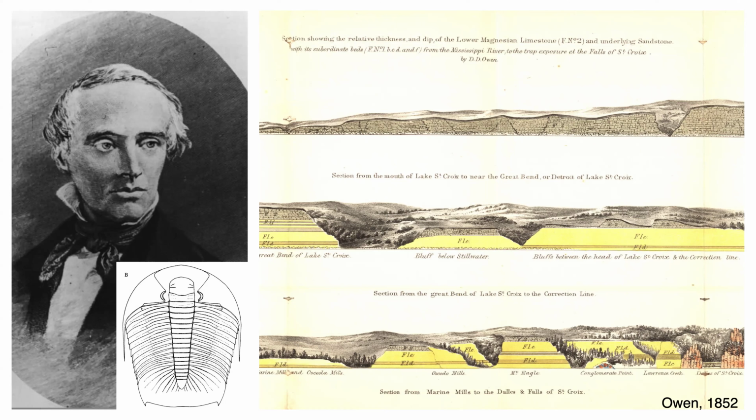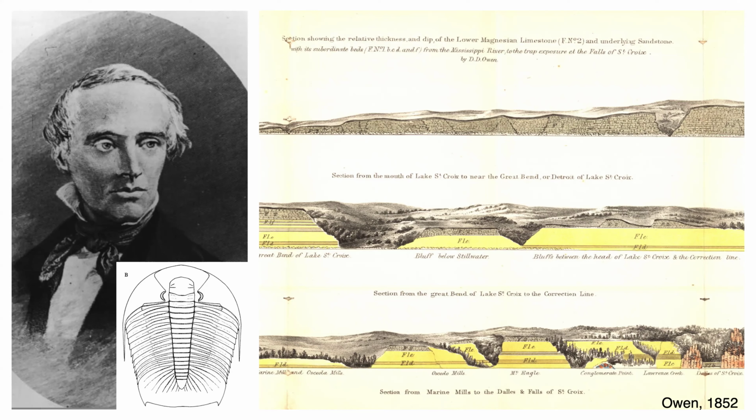David Dale Owen was the first federal geologist. The US Geological Survey started in New Harmony, and David Dale Owen sailed up the Mississippi and the St. Croix rivers and made these wonderful drawings with the strata laid out in 1852.